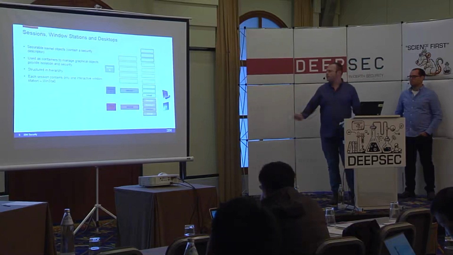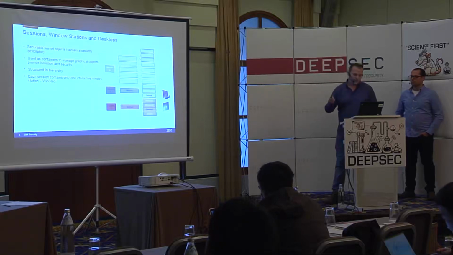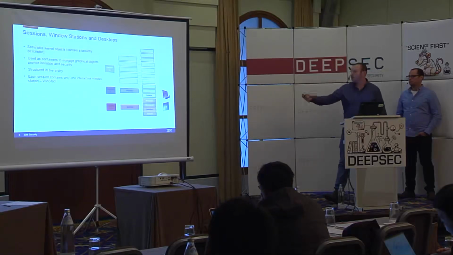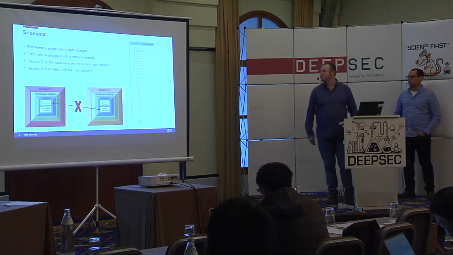These objects are structured in a hierarchy. Each session can have many window stations, and every window station can have many desktops. Each session has one interactive window station, which is called Winsta0, and it can have many interactive desktops, but the user will be able to see only one interactive desktop at a time.